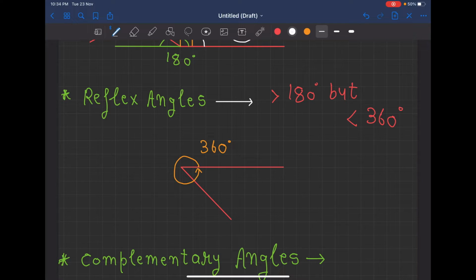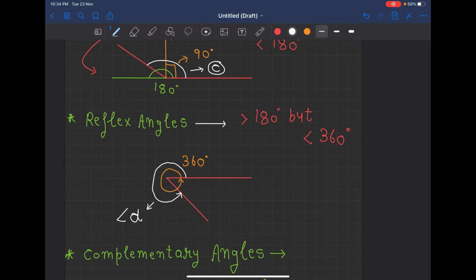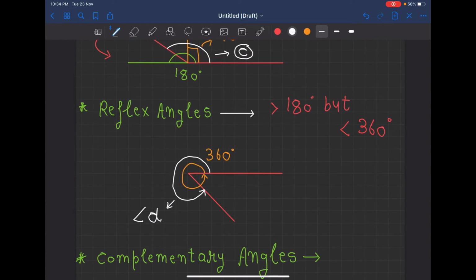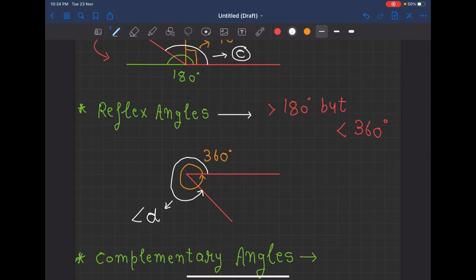But if I just measure till here, let's say it's angle D. As you can clearly see, angle D has crossed the limit of 180 degrees, but it's still less than 360 degrees. Such angles are known as reflex angles. If I ask you about this angle, can you tell me?